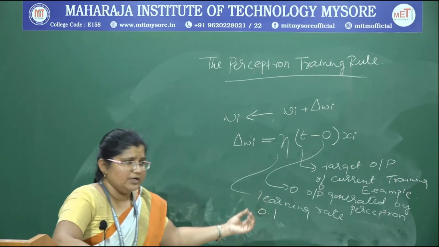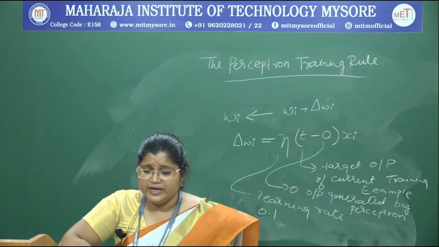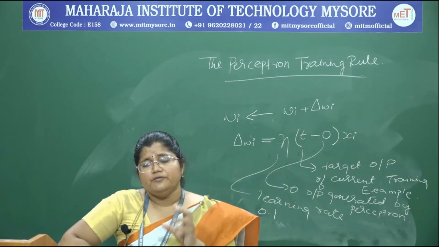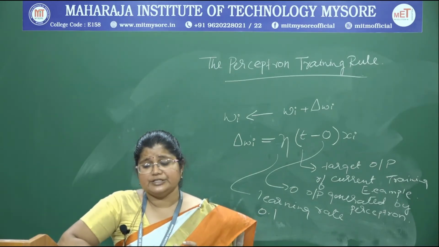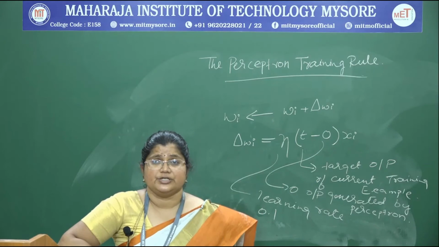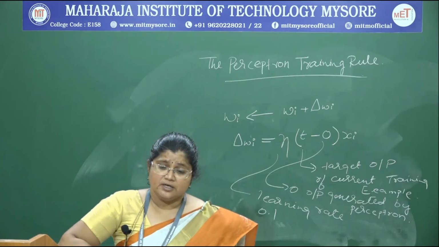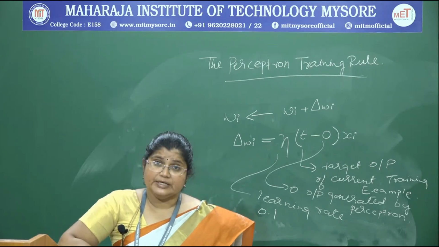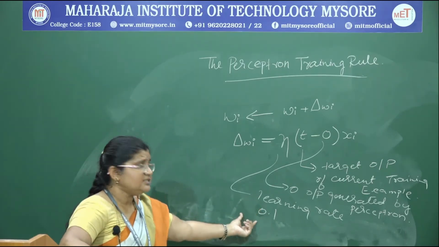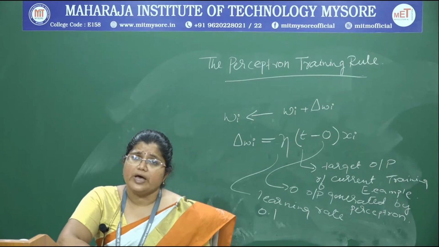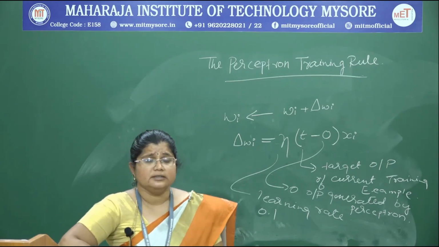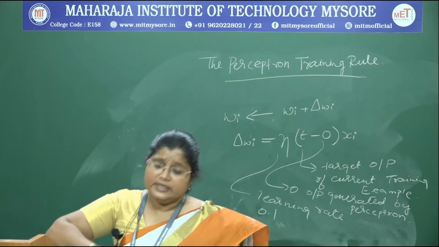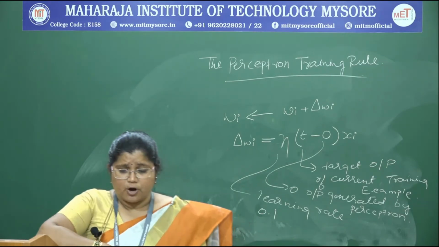Sometimes a negligible value is chosen, so that we tune the weights in each iteration. While tuning the weights in each iteration, the weights are increased by this very small value, that is, the learning rate.